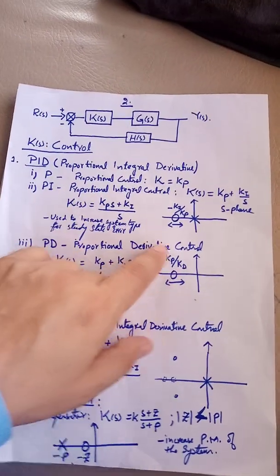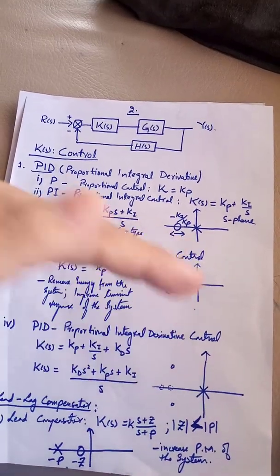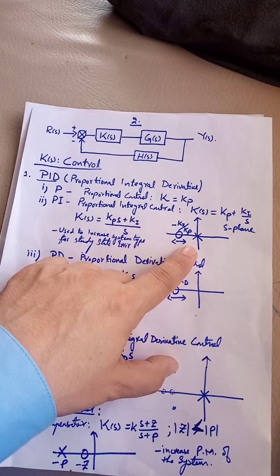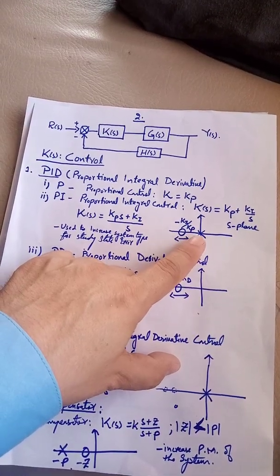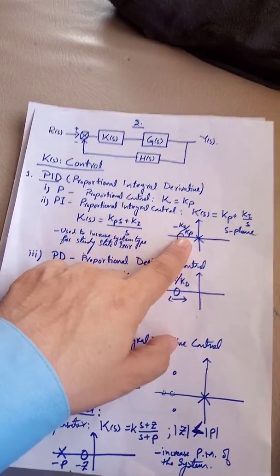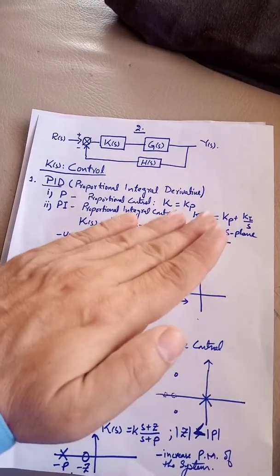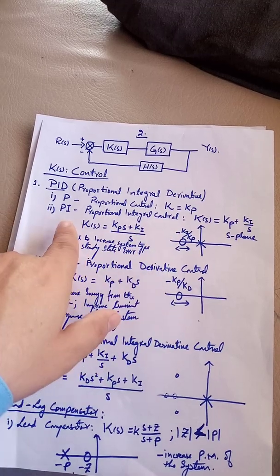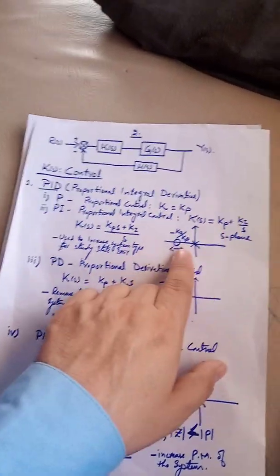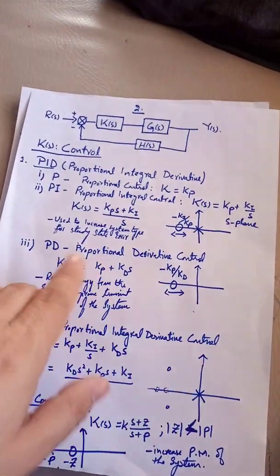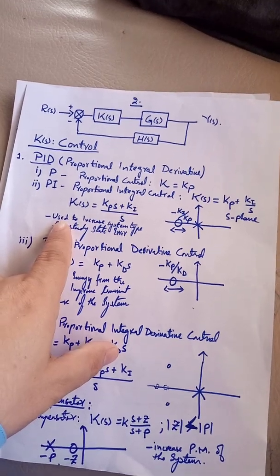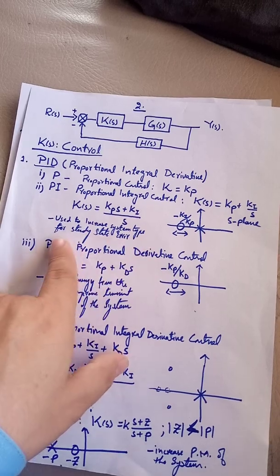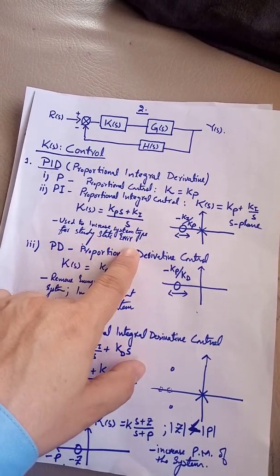When you increase the type of the system, if you have a steady state error at the previous type, in the next type you have a 0 error. So this means that when you use the PI control, you are looking for a constant steady state error. So if you have a constant steady state error, then you have to introduce the integral term that will reduce or zero the steady state error. So it is very important to note that PI is used to increase the system type for steady state error.